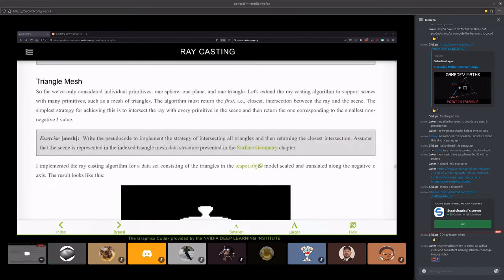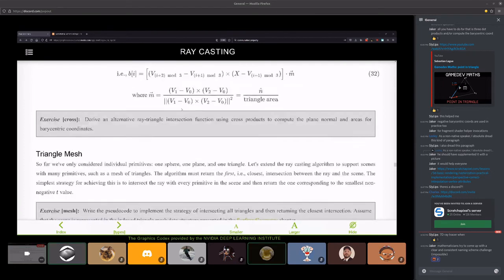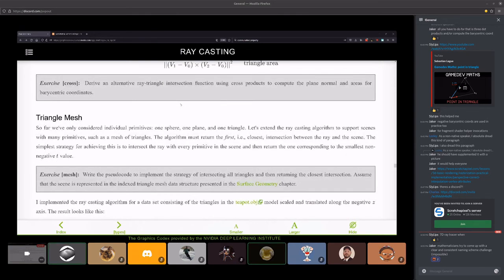Okay, so how are we going to extend this for triangle meshes, moving on from this piece of math that is the cross product? If we want to do raycasting with many primitives, we just do an algorithm where we test each primitive individually and return the closest intersection found.